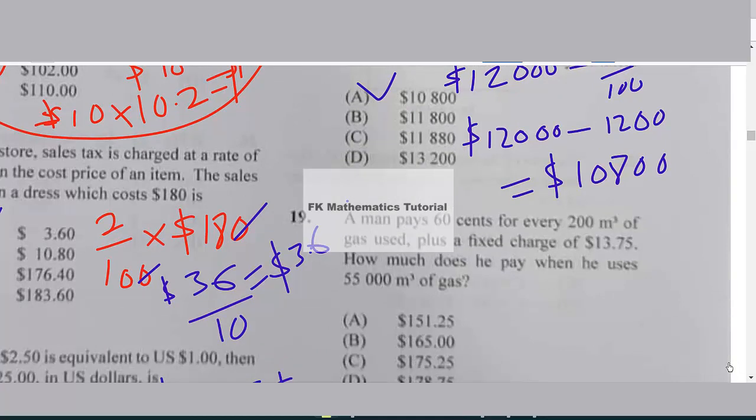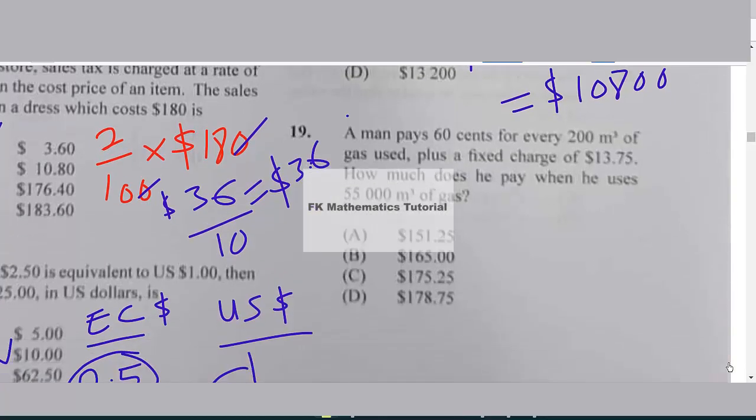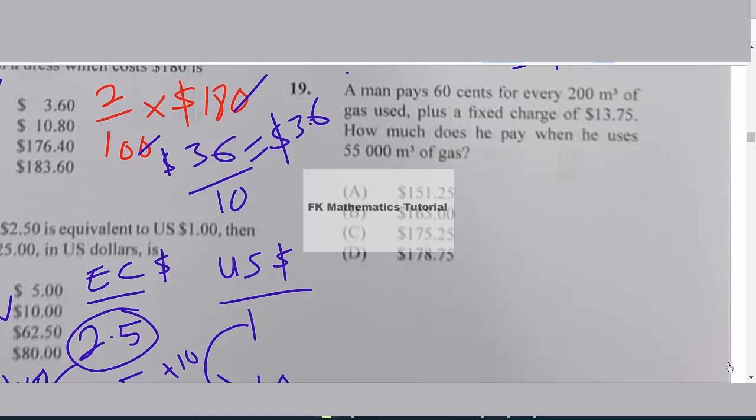Now let's consider number 19. A man pays 60 cents for every 200 meter cube of gas used, plus a fixed charge of 13.75. How much does he pay when he uses 55,000 meter cube of gas?